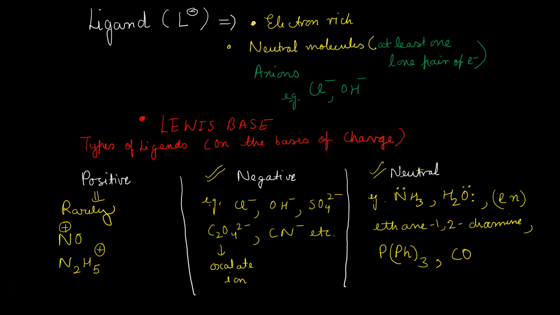But these ligands are very rare, because when positive ligands are there, it means they are electron deficient, and if they are electron deficient, then it is very difficult to make a coordinate bond with the metal atom. So these are very rare ligands. So mostly negative and neutral ligands are there.